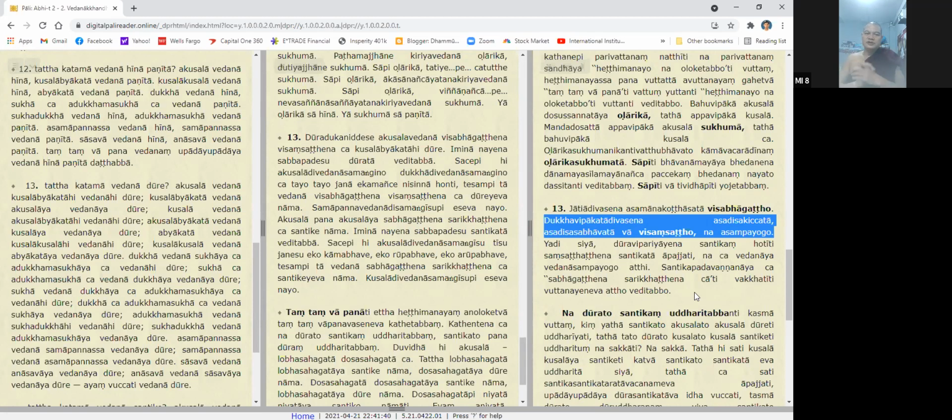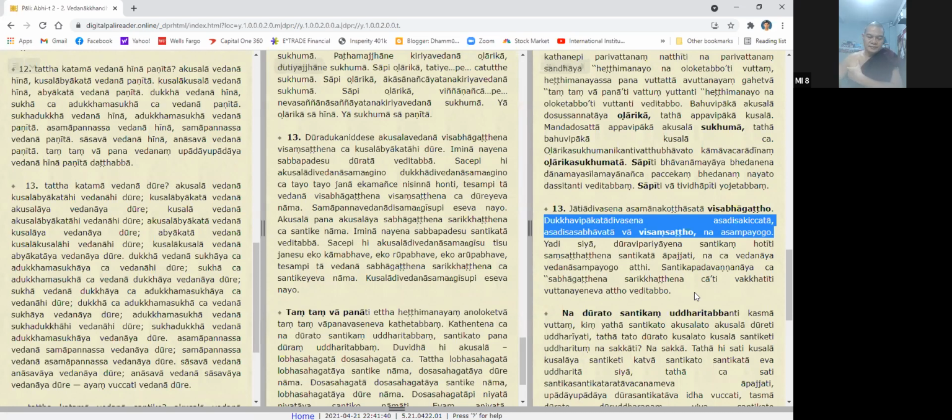That is called association. Dissociation, asambhyoga, means they do not arise together, do not take the same object, do not sit together, do not have the same base.